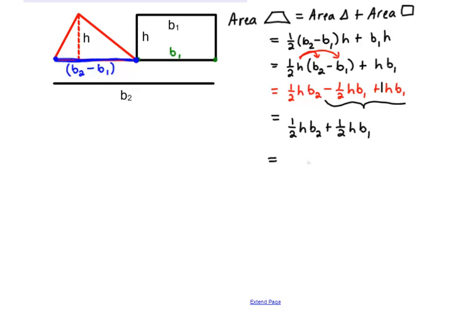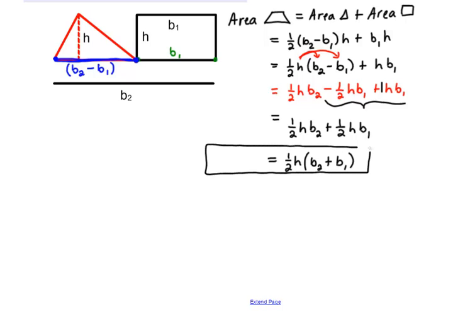Hey, I can factor out a 1/2 H. So I'm left with B2 plus B1. And that is the area of a trapezoid. Alright, so you technically don't have to memorize it. You could just simply say that's the area of the triangle and the rectangle put together. Alright, thank you.